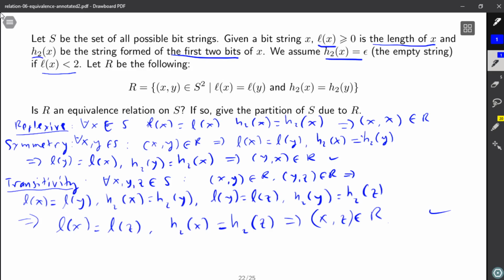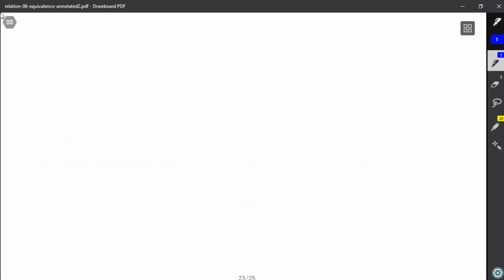Now, what will be the partition? Because we look at the set of bit strings, we just start with a few examples. The smallest bit string that we consider will be the empty string, and the equivalence class of the empty string would contain the empty string itself, because this is the only one with length 0.